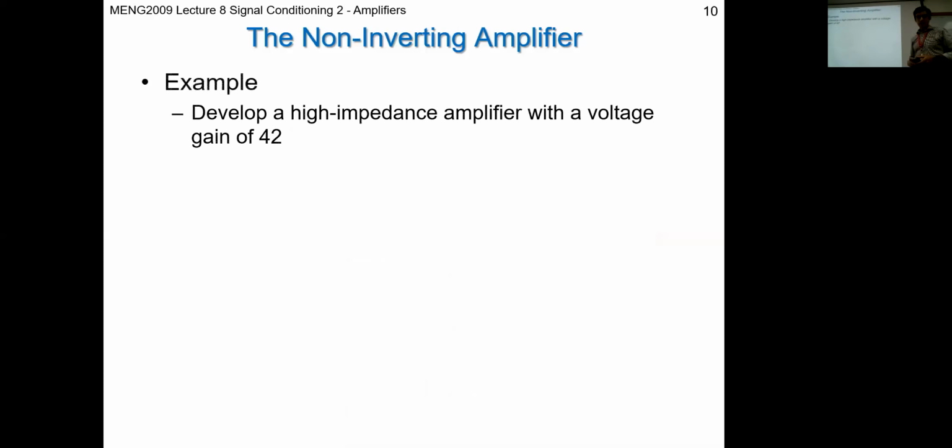So here's a little example. Develop a high impedance amplifier with a voltage gain of 42. So that's what we want to get. The key being high impedance, so we want to minimize current flow. That means that upstream we want to have a significantly large resistance.